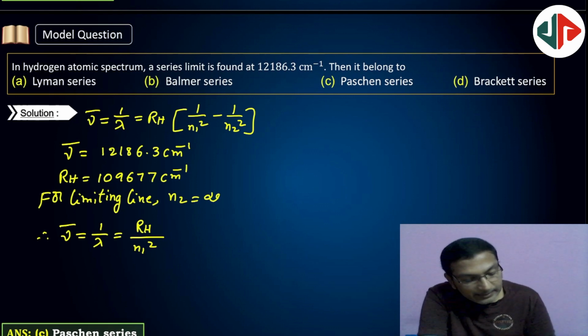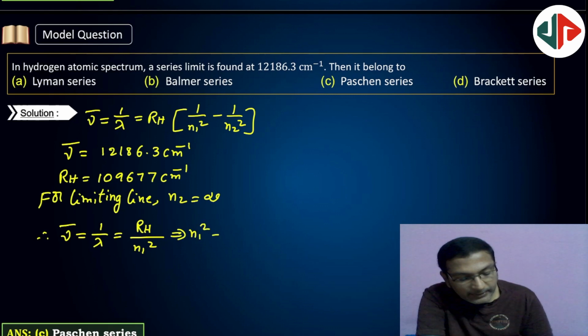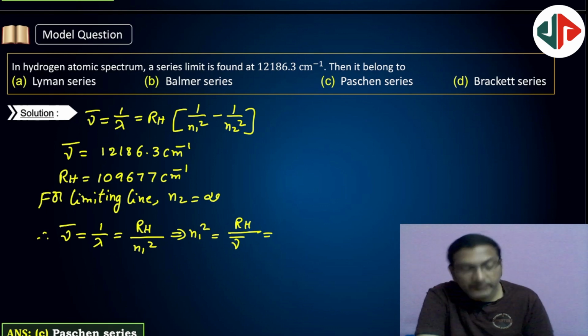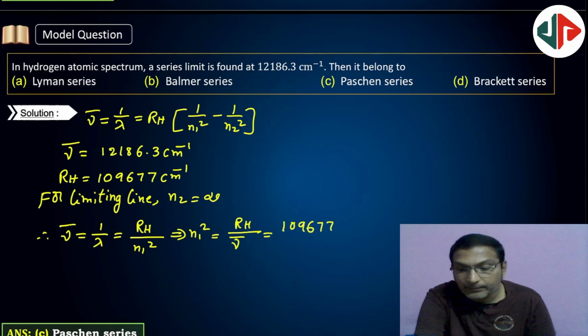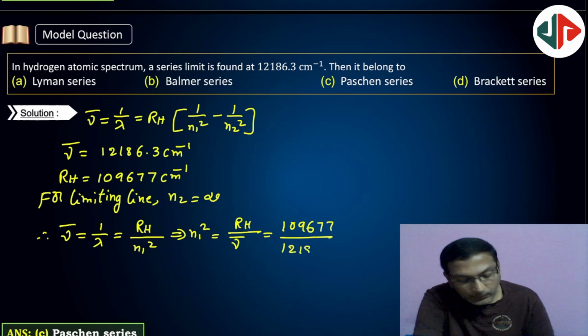So from this, N1 square equal to RH by nu bar. So RH value 109,677 divided by 1 to 186.3.